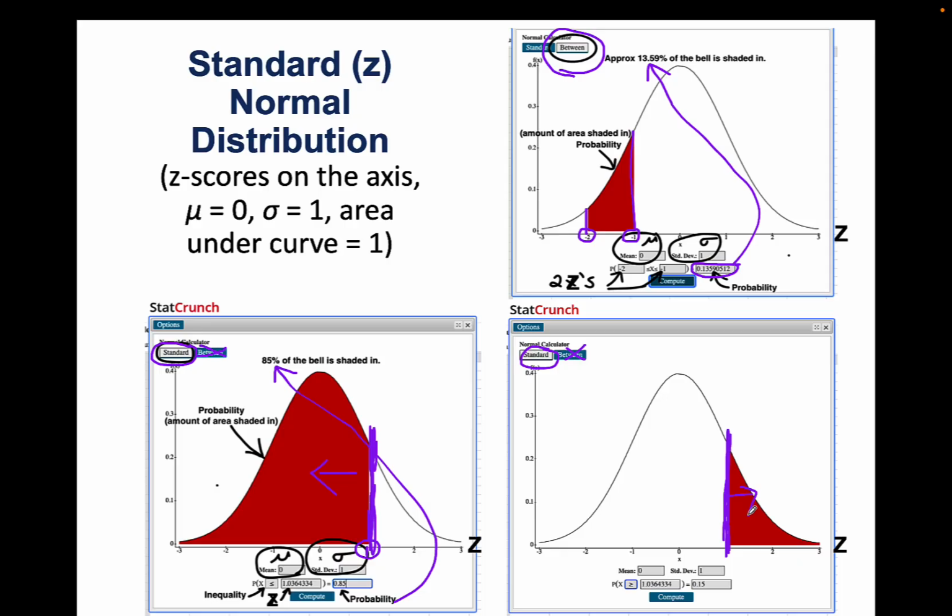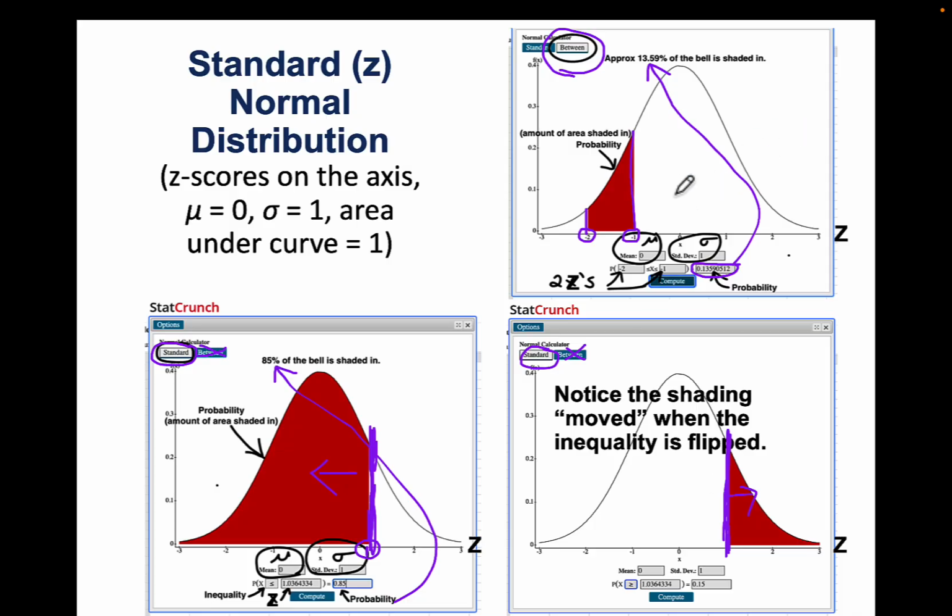How can we make that happen? Look down here. Mean is still 0, standard deviation sigma is still 1, but the inequality changed from less than 1.036433 to greater than that. And so the output is now not 0.85, because 85% of the bell isn't shaded in. It's the other 15% on the other side that's shaded in. So I want you to notice that the shading moved to the other side of the z-score when the inequality is flipped.